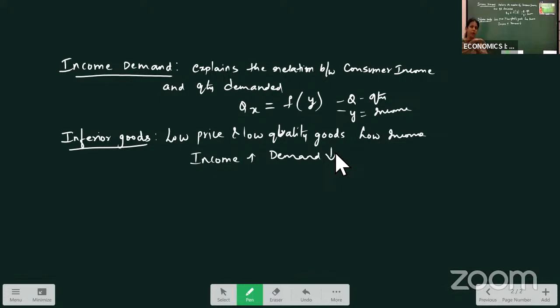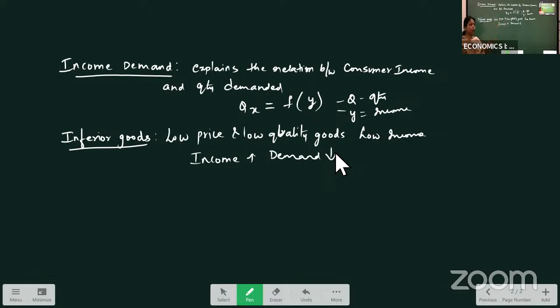But when you start earning, your income levels will be high, and you may not prefer a 100 rupees watch. You may go for a branded watch, right? As your income increases, your purchasing power increases. You don't want to purchase low priced or low quality items. You want to buy the high priced or best quality product. So when income increases, demand decreases.